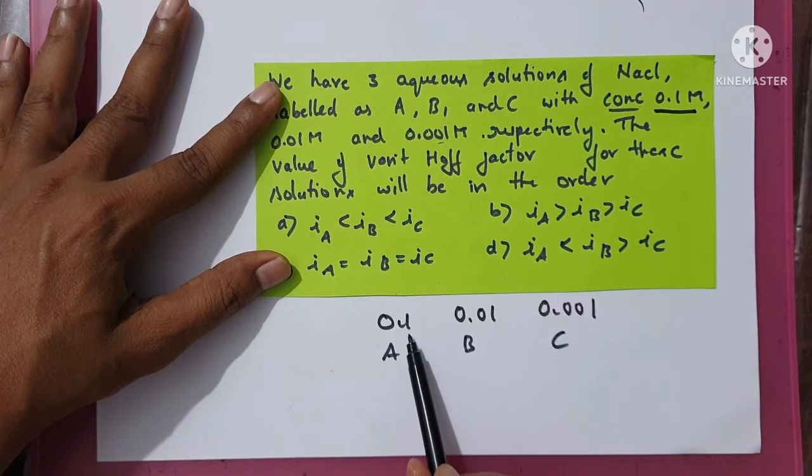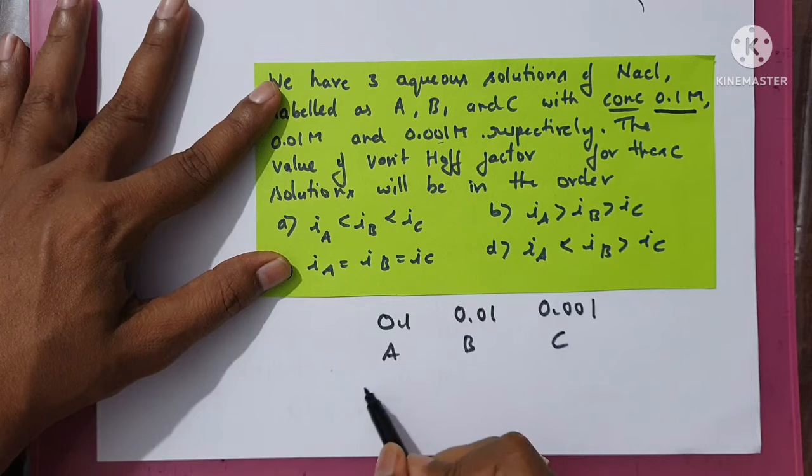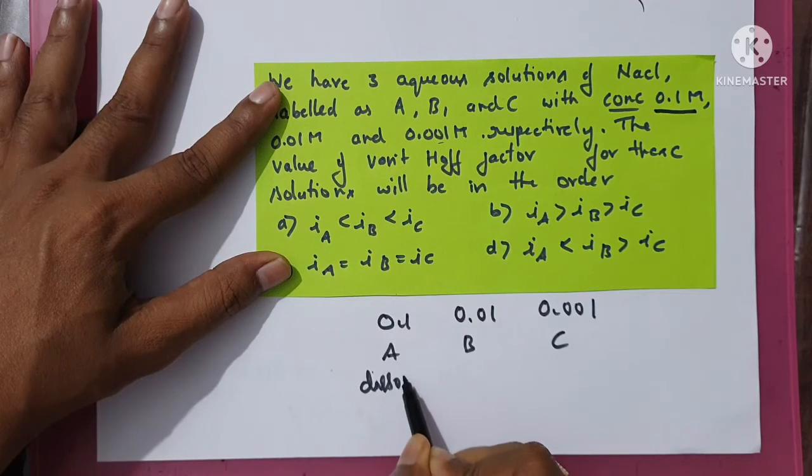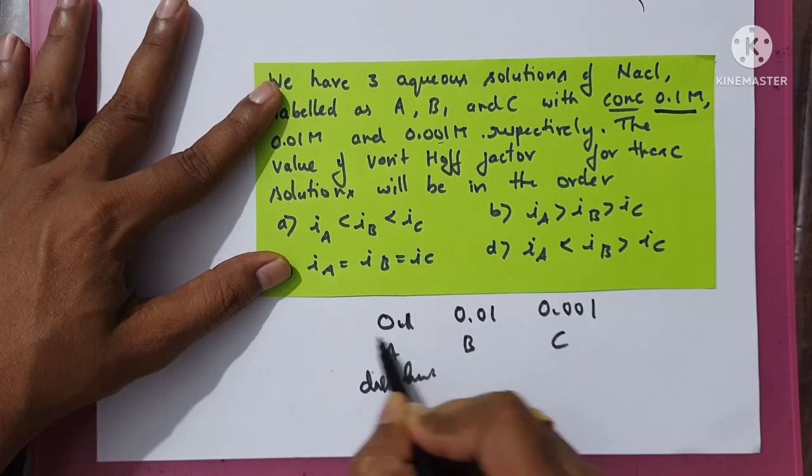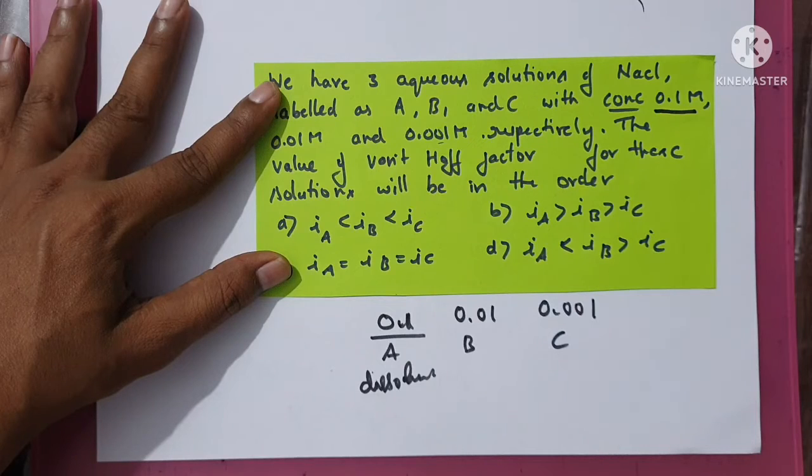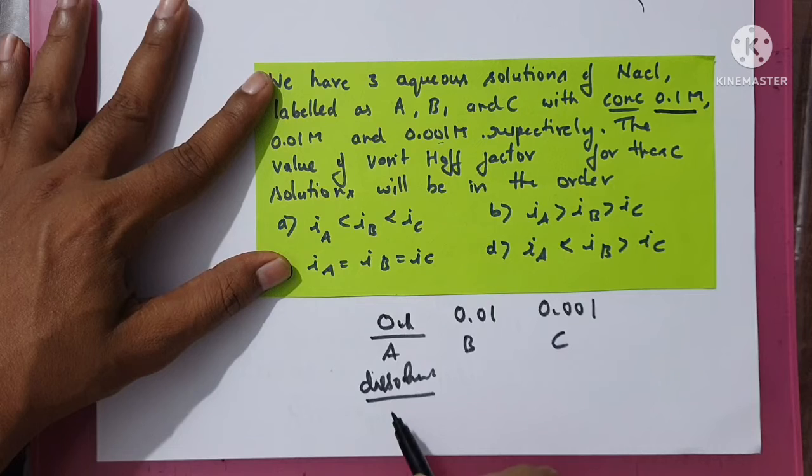Remember, children, I am just telling you the concept. More the concentration, more will be the association, so 0.1 is the one which has got less dissociation. More the dissociation, more will be the i value.